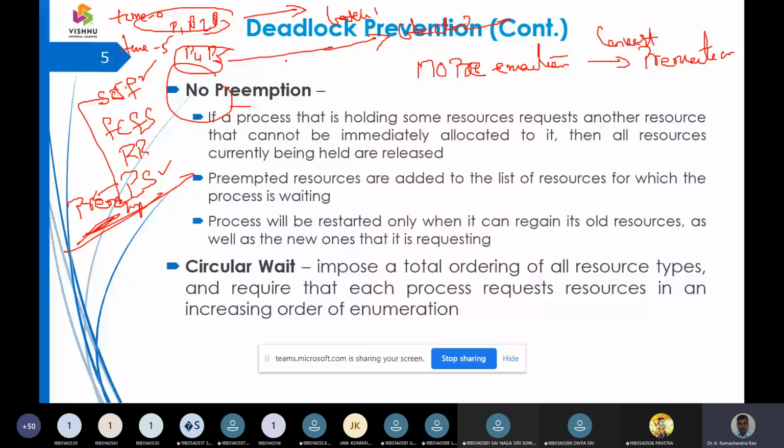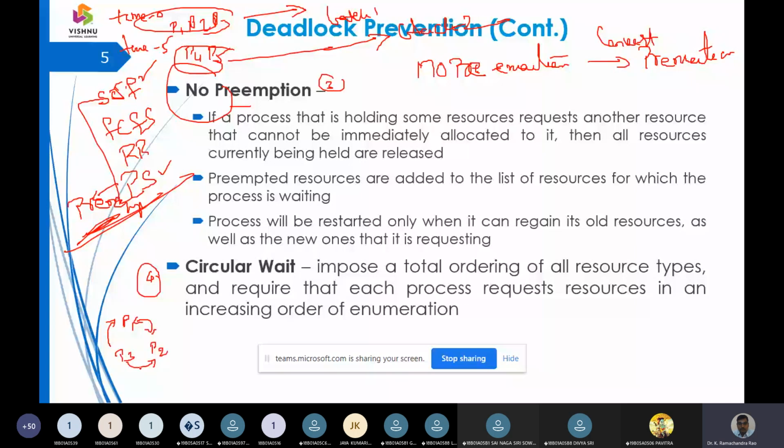After no preemption, the fourth characteristic is circular waiting. The scenario was, I have P1 process towards P2, P2 towards P3, and P3 towards P4.